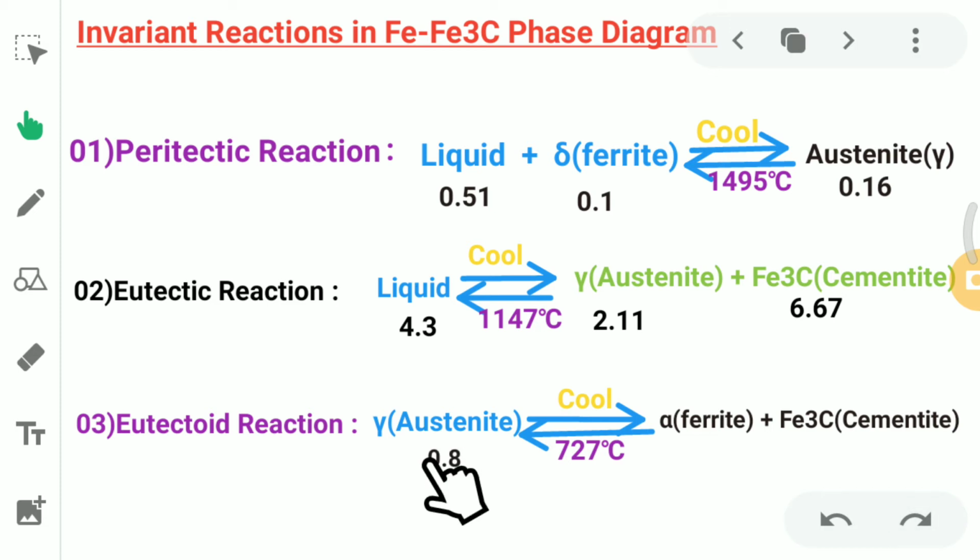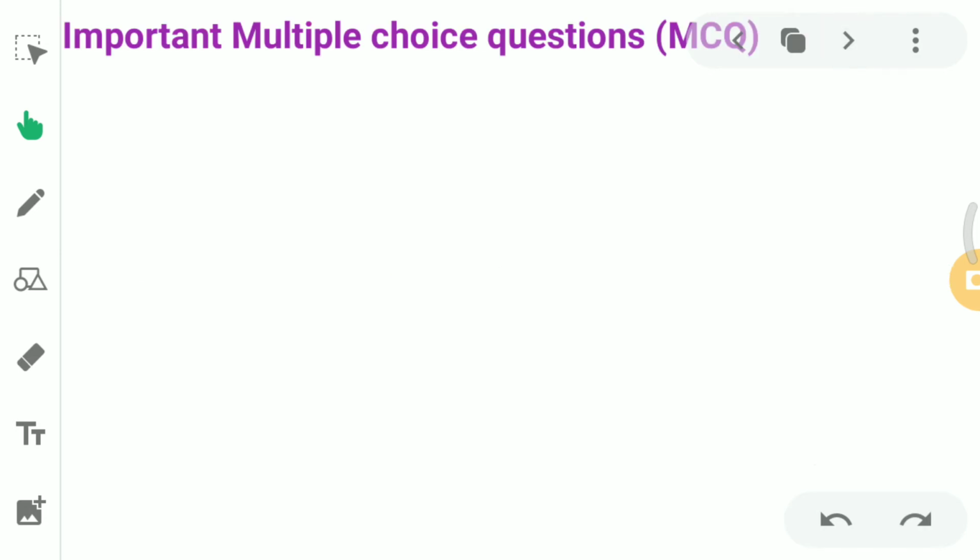And the weight percentage of carbon is 0.8 percentage. We can call this the eutectoid point, and the temperature is 727 degrees centigrade, and ferrite is 0.025 and cementite is 6.67.